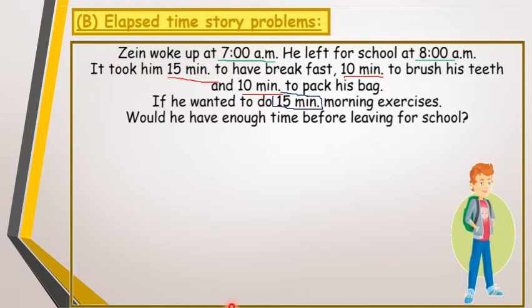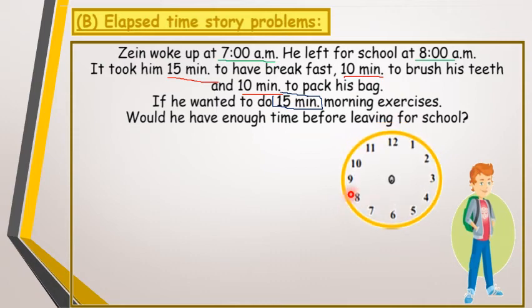Let's see. When he woke up, it was 7 o'clock. So I want to calculate the time he took to have breakfast, brush his teeth and pick up the bag, and see if he has enough time to do the morning exercise. But you must know that he must leave at 8 o'clock.